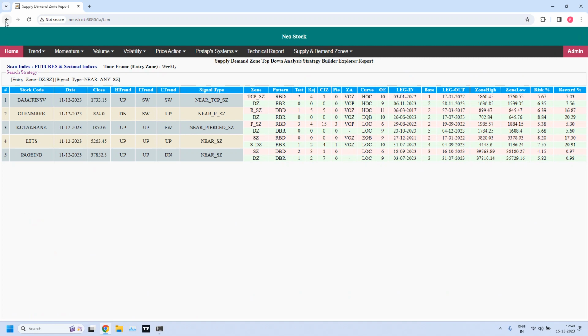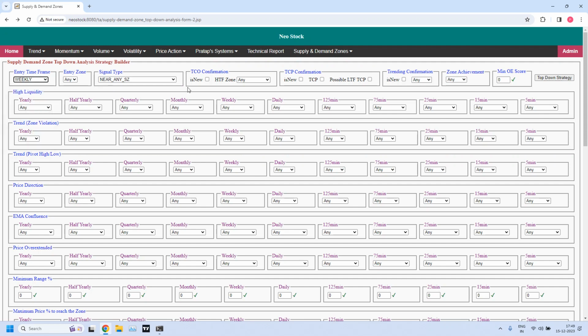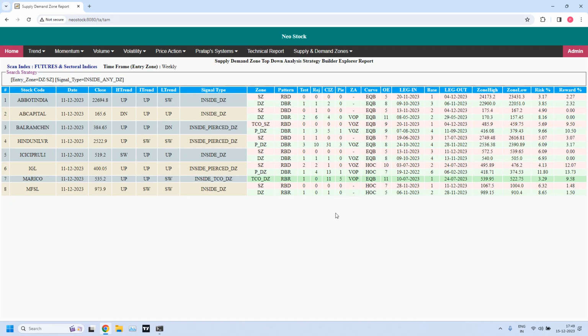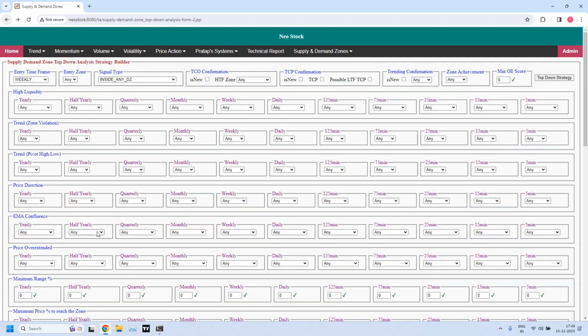Let's go back. Entry time frame weekly. Let us find the stocks where price closed inside weekly demand zone. So these 8 stocks are filtered. Let's go back. Entry time frame is weekly.